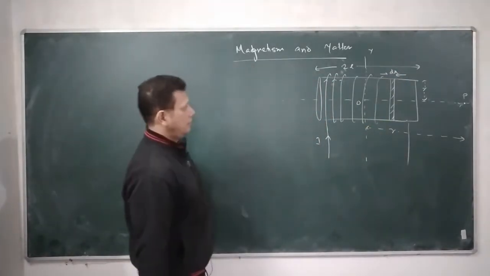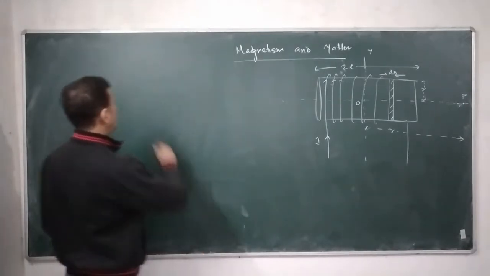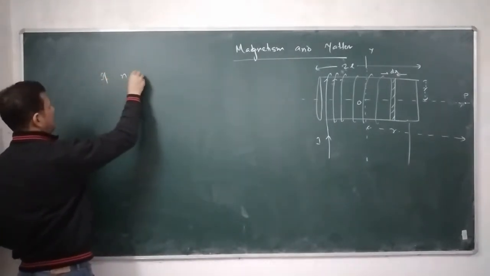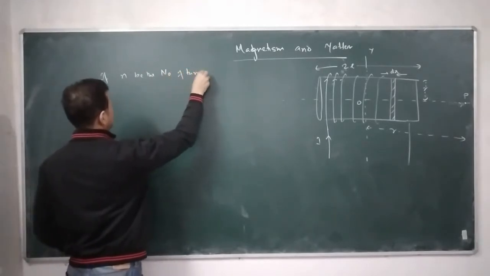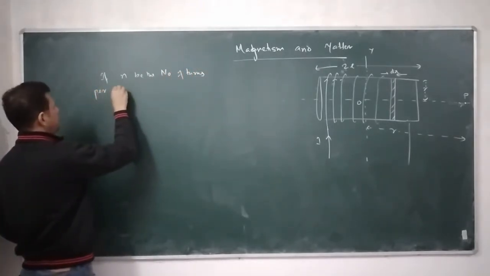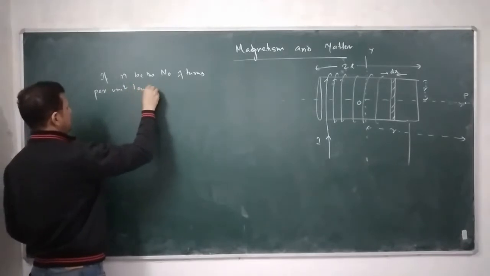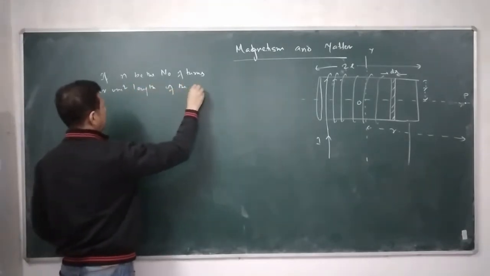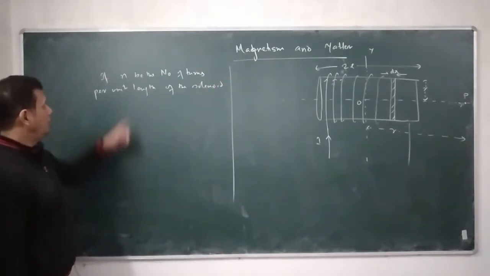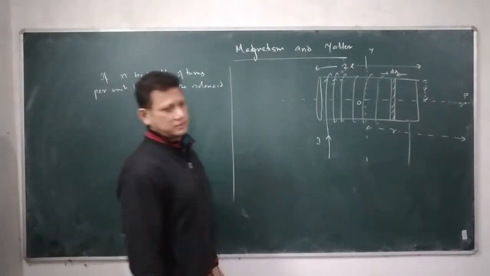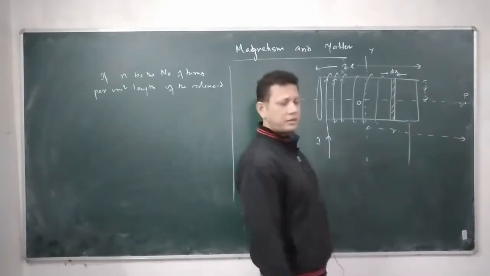Now let n be the number of turns per unit length of the solenoid. That is, the solenoid that we are considering has n number of turns per unit length.